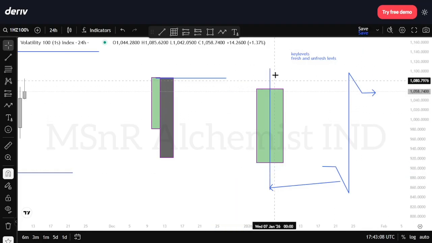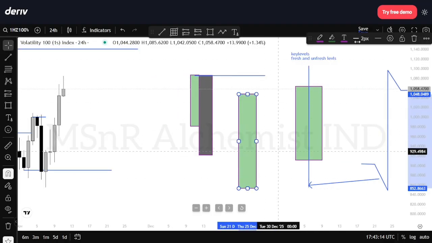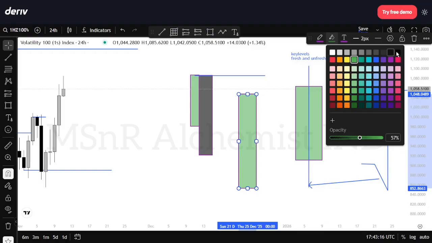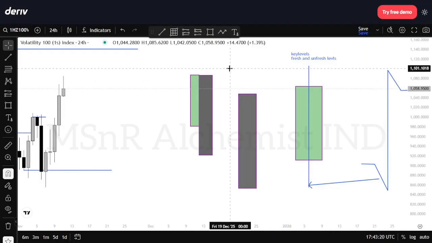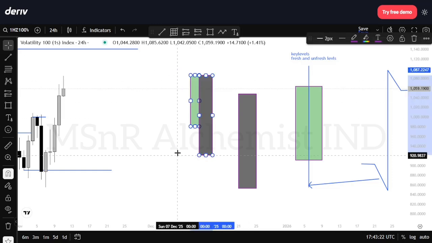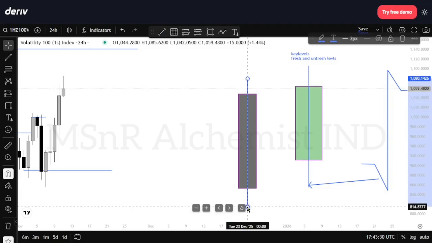But when a selling candle forms, it forms like this. Let me delete this. This is the wick of that selling candle.